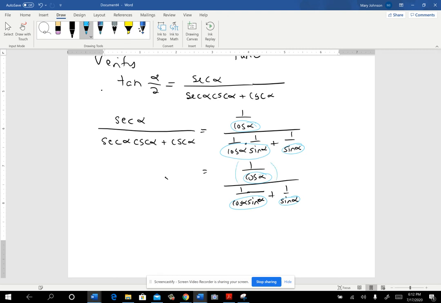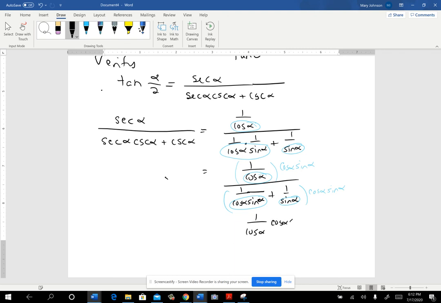So I'm going to multiply here by cosine alpha sine alpha and here. And that cosine alpha sine alpha gets distributed really, so let me show that step so you really see what cancels out.